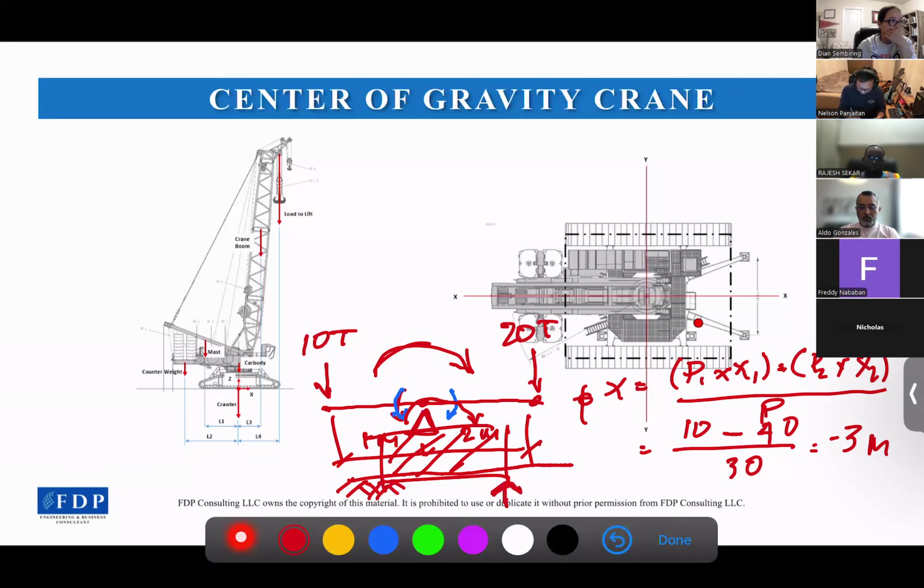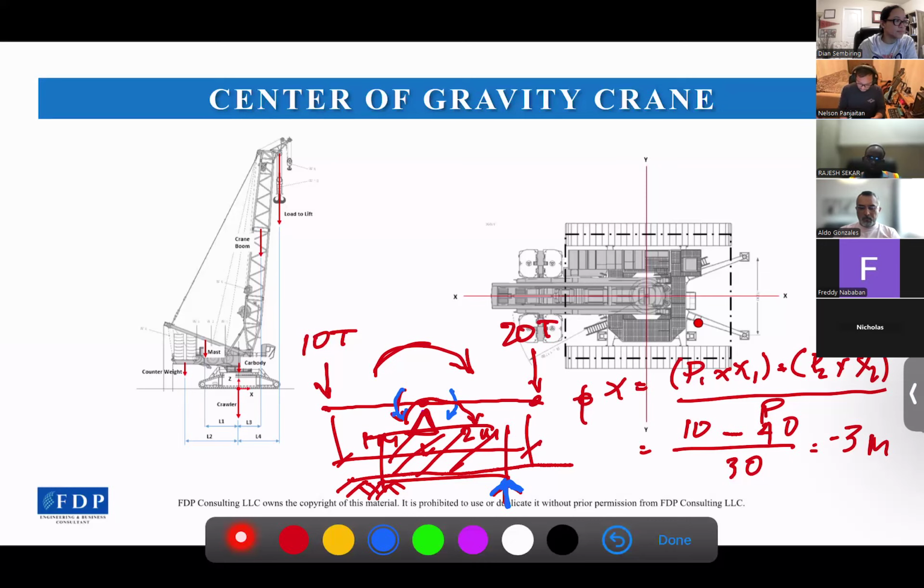And the most pressure will be at the front, right here. So that's how it works. Basically it is the same as a seesaw system, right?